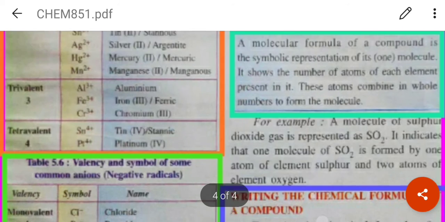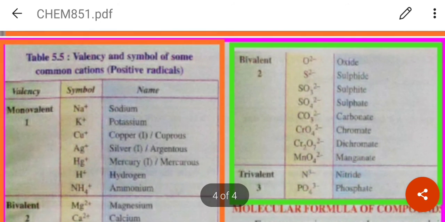Similarly, sulfate is SO4 2 minus, but sulfite, ITE, it is SO3 2 minus. Sulfur, when sulfur remains in the combined state, its valency is S2 minus. Oxygen, when oxygen remains in the combined state, its valency is 2 minus.